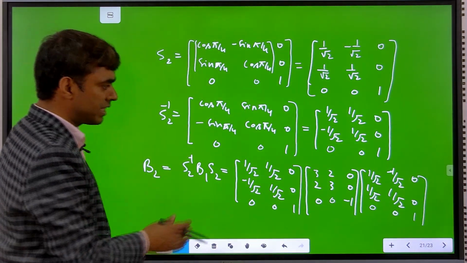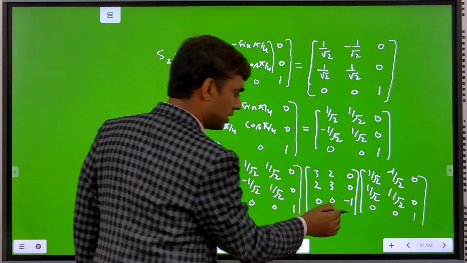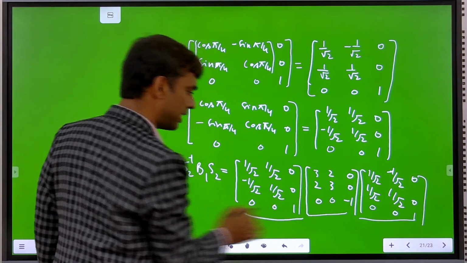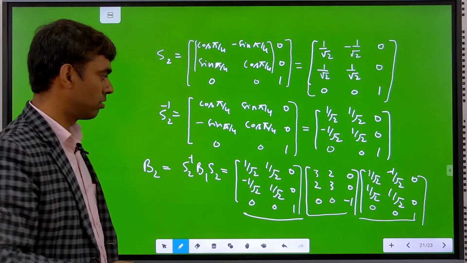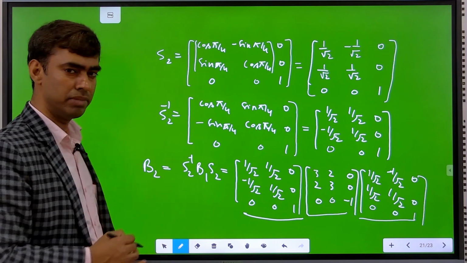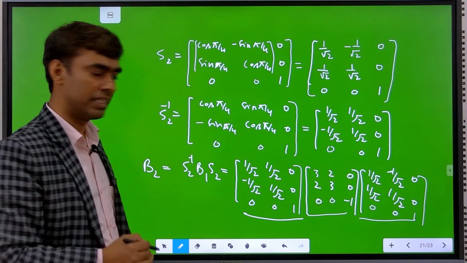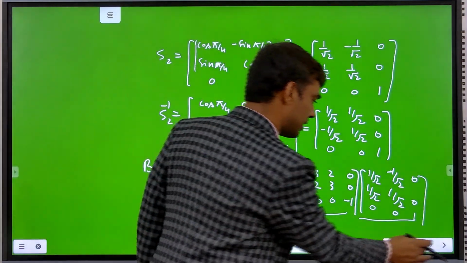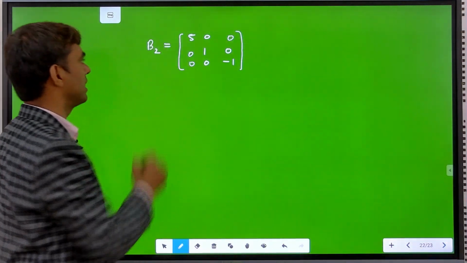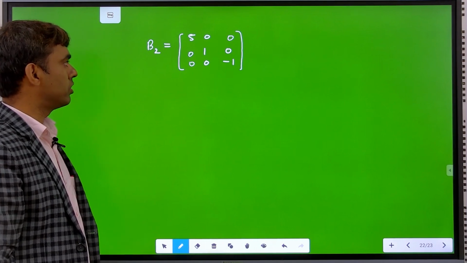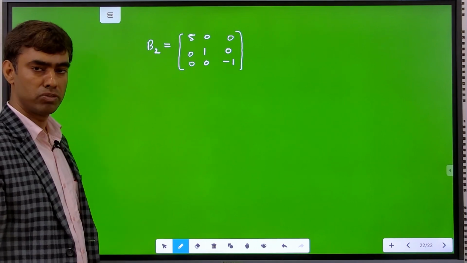After multiplication of these three matrices, first we multiply this by this, then we multiply the resultant matrix with this matrix. We have already multiplied these three matrices, and the resultant matrix is B2 equals 5 0 0, 0 1 0, 0 0 minus 1.